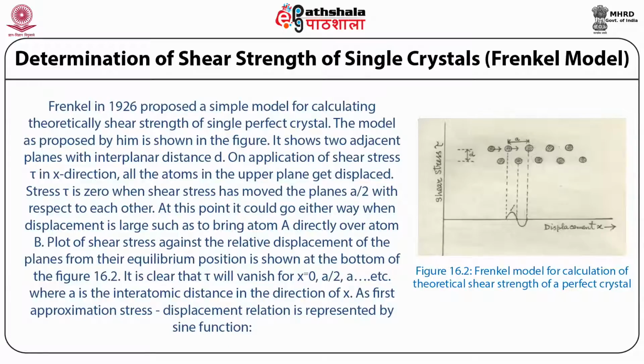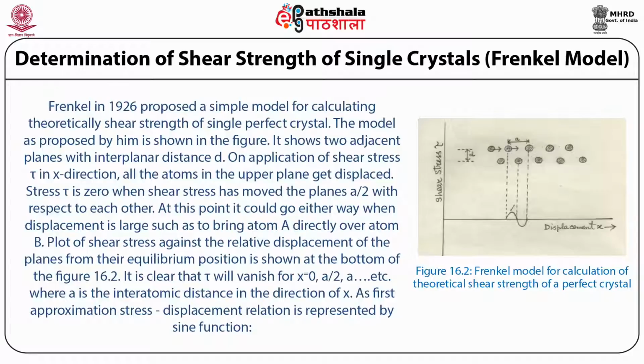The model as proposed by him is shown in the figure. It shows two adjacent planes with interplanar distance d. On application of shear stress tau in the x direction, all the atoms in the upper half plane get displaced.